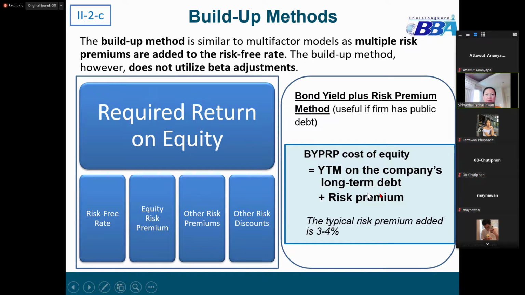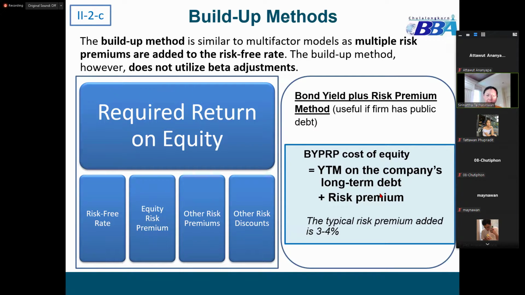For me myself, I think this one is quite valid, because when you look at the yield to maturity of the company, it reflects the market value, right? The yield to maturity is from the market, and if we suppose that the market reflects the current cost of debt of the company, it's quite valid, and you add the equity risk premium to it.